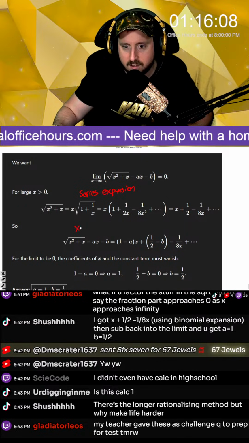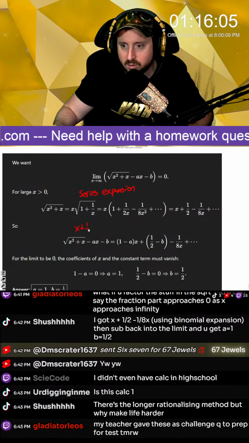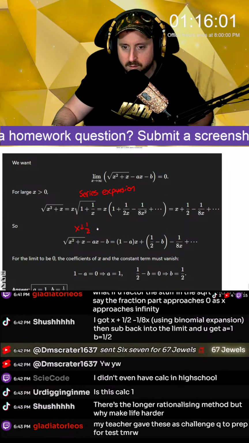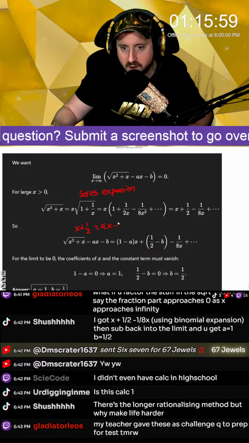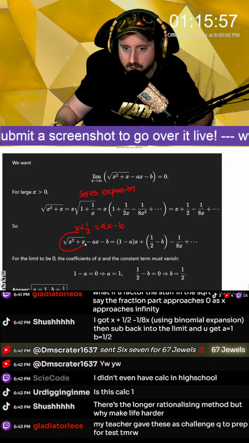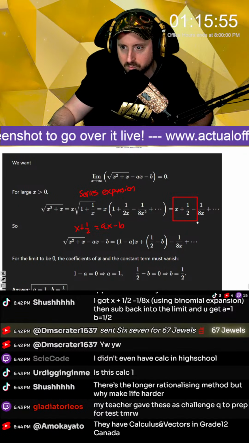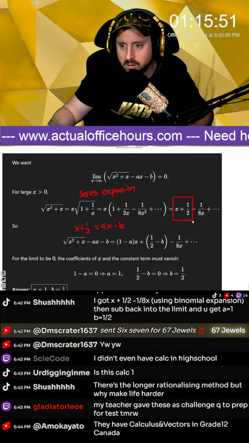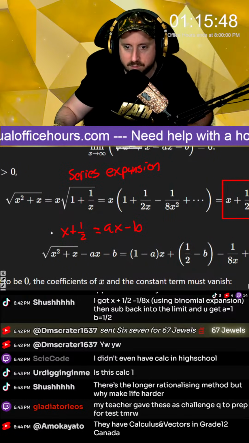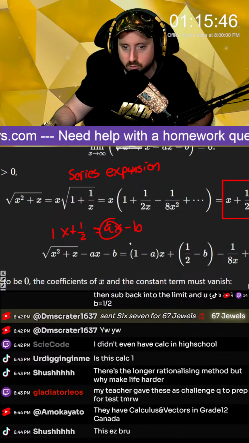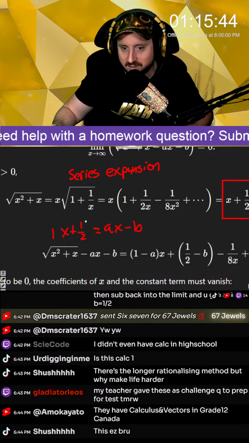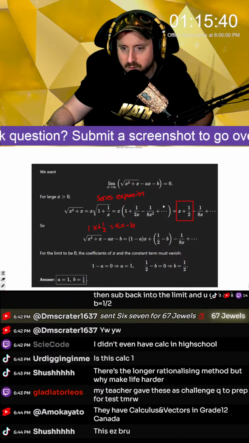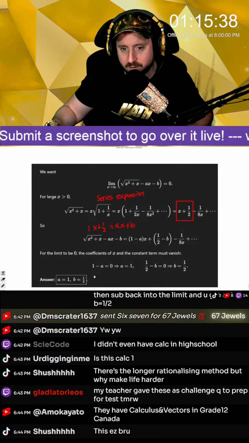So they say x plus 1/2 is equal to ax minus b. So they rewrite this as the first two terms, I think. And then they say, okay, well, what's in front of the x? Well, that's a 1. So a equals 1. What's in front of the not x? That's a 1/2. So b must be equal to, sorry, this is plus b, so b equals 1/2.